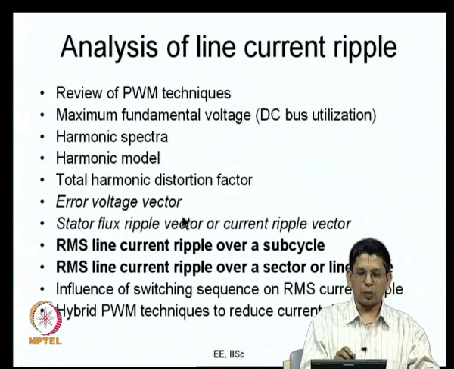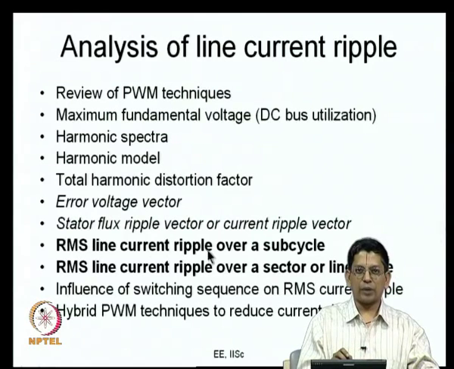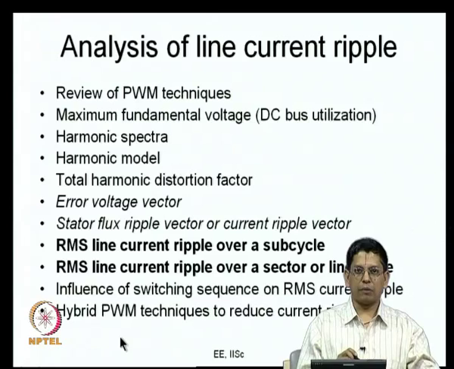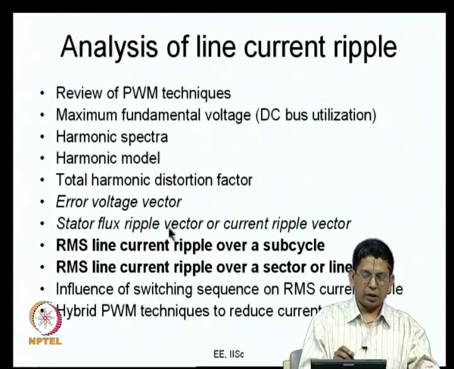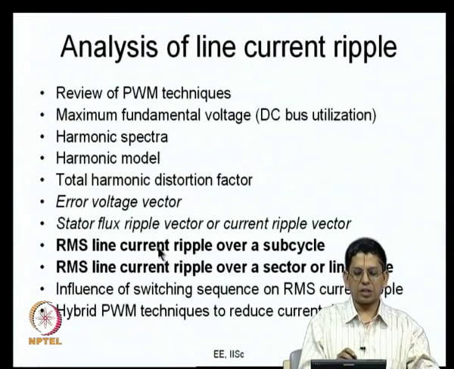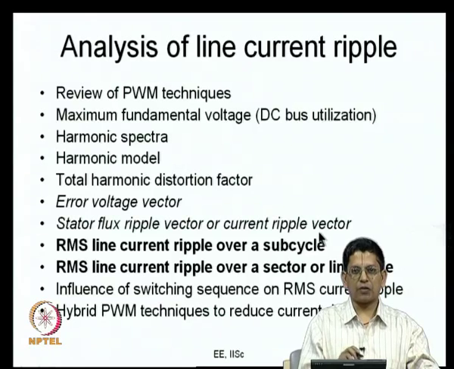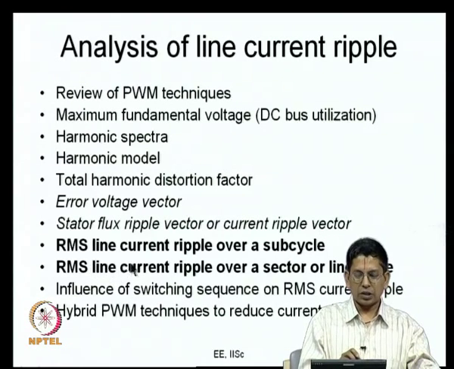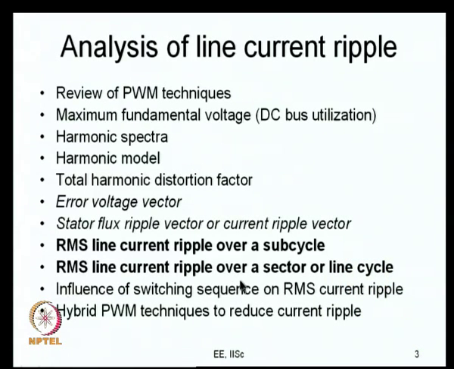That is why, if you integrate the error voltage vector, you get your stator flux ripple vector, or equivalently your current ripple vector. We would review these 2 things, the error voltage vector and the stator flux ripple vector, which we discussed in the last class, and focus on how to get the RMS line current ripple over a subcycle, and also over a sector or the line cycle.